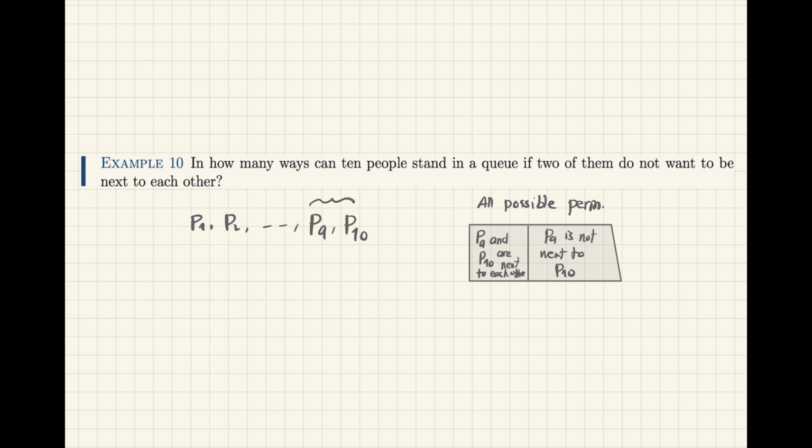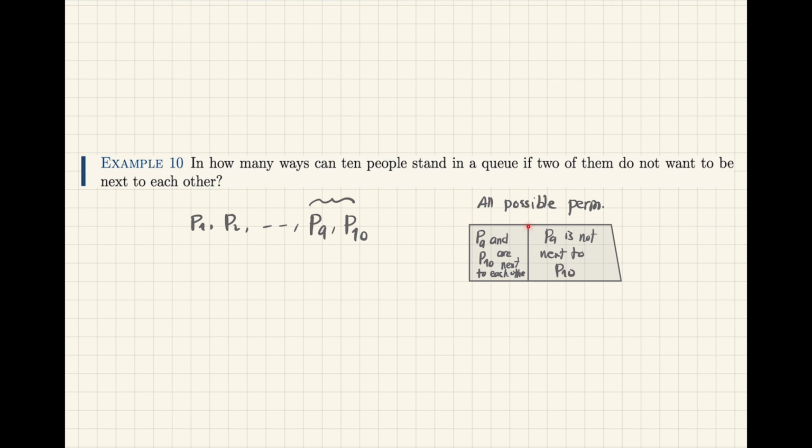This is one thing very clear. It is not possible that I have a permutation that simultaneously satisfies this condition and that condition. If P9 and P10 are next to each other, they cannot simultaneously be not next to each other, and if they are not next to each other, they cannot be simultaneously next to each other.